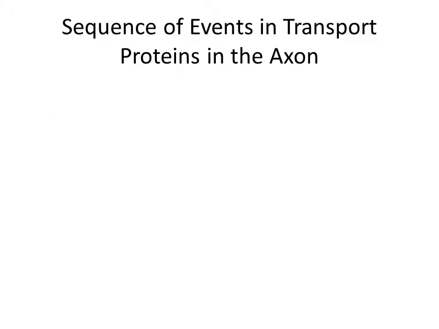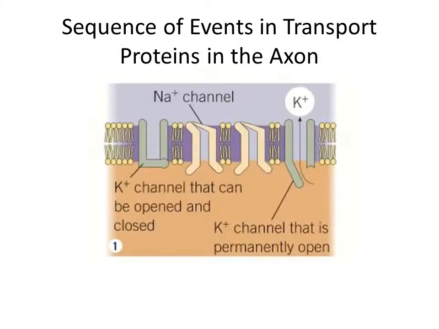There is a set sequence of events that are going to occur in the axon to pass the impulse along. If we have a look at this diagram, we can remind ourselves about the structure of the axon. Over here we've got a potassium ion channel that can be opened and closed. Over here we've got another potassium ion channel that's open all the time.